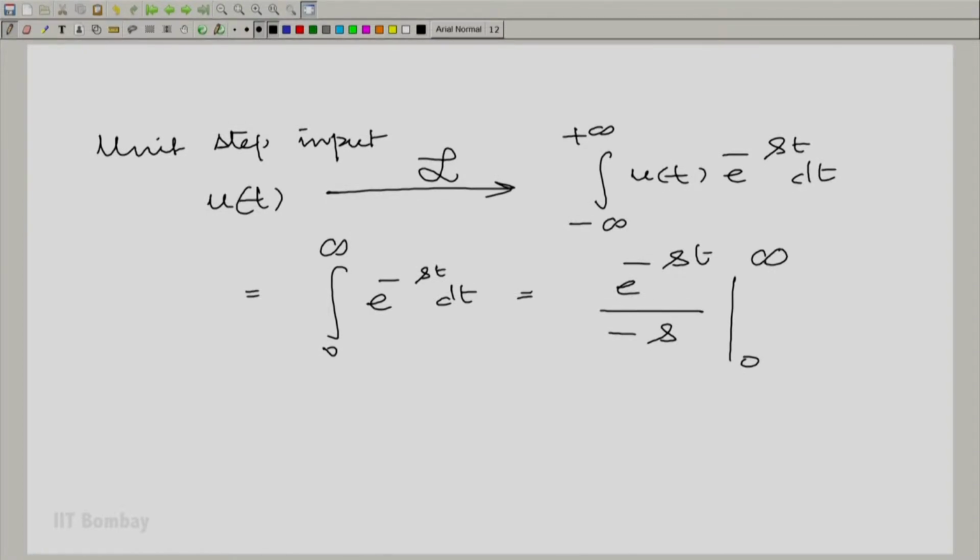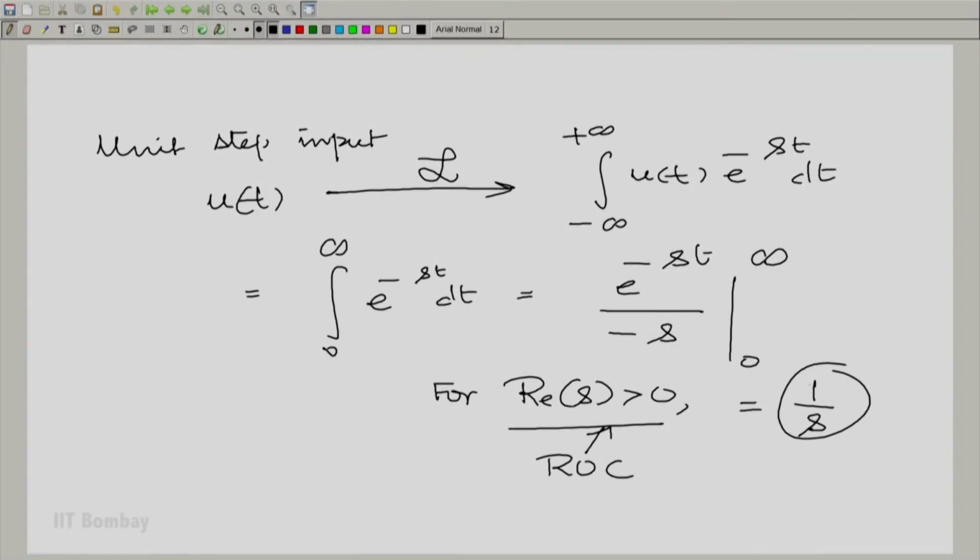Now, of course, here we need to worry about the region of convergence, and the region of convergence is going to be real part of S greater than 0, and for real part of s greater than 0, this becomes essentially 1 by s. So, this is the region of convergence and this is the expression of the Laplace transform.